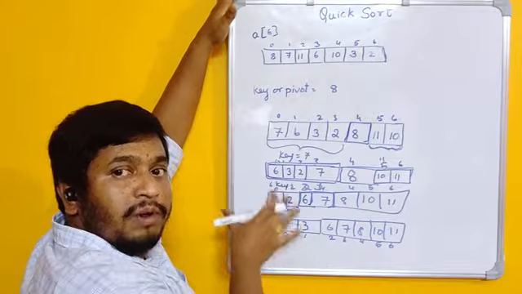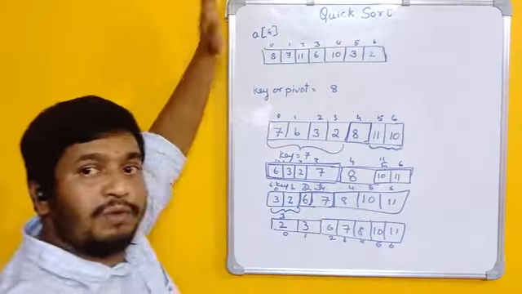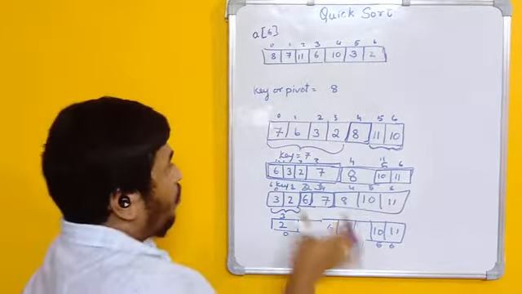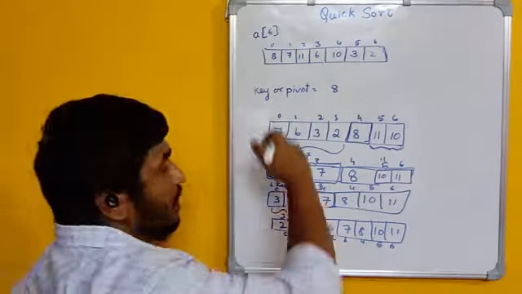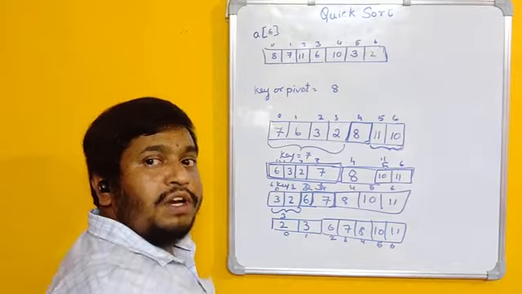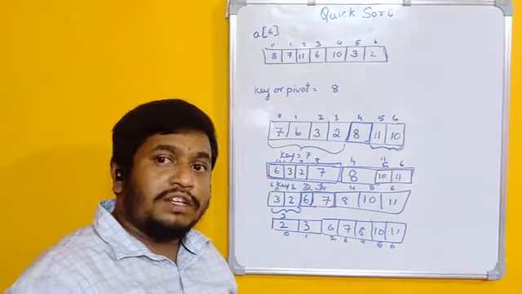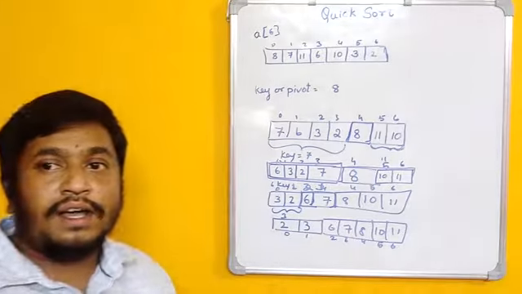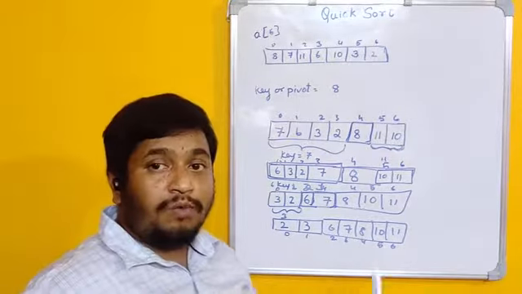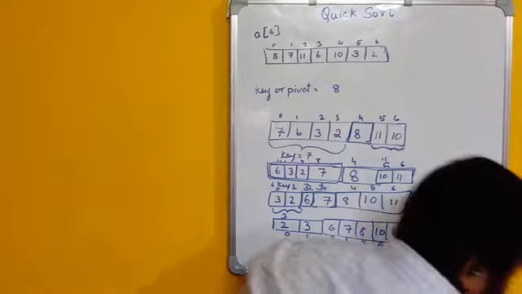Left of the pivot element will be one subarray, and right of the pivot element will be another subarray. Again, the separated subarrays will be partitioned with the same method. So by recursively partitioning those subarrays, we will get the sorted array. How we will do it using code, we will see.